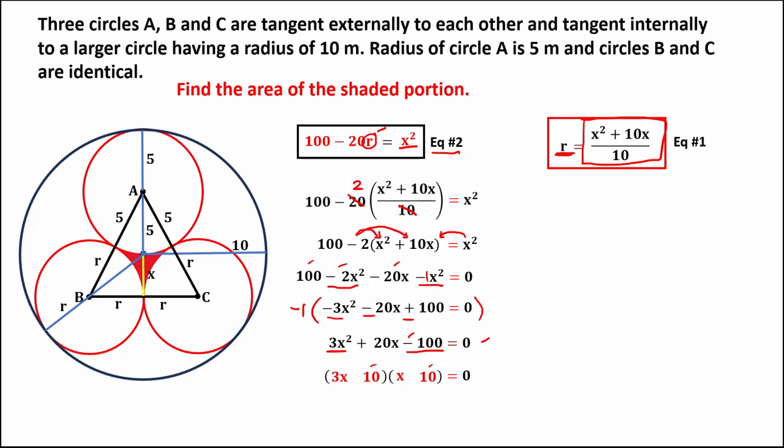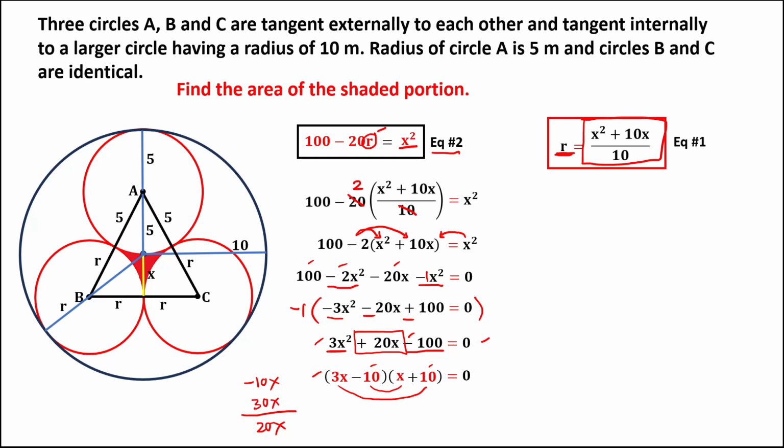So for this factor, this is negative and this one is positive. Then to check, we have this negative 10 times x. This is negative 10x. And 3x times positive 10. This is positive 30x. Then you add. This is equal to positive 20x. And positive 20x is the middle term. So these are now the factors for this quadratic equation.